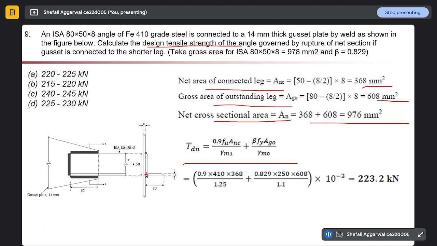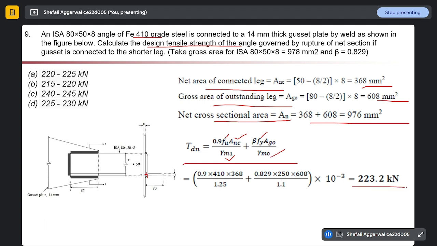Putting in all the values: Fu is given to us as 410, Anc we have calculated as the net area of the connected leg, gamma m1 is 1.25, then Fy will be 250, Ago we calculated as 608, and gamma m0 will be 1.1.